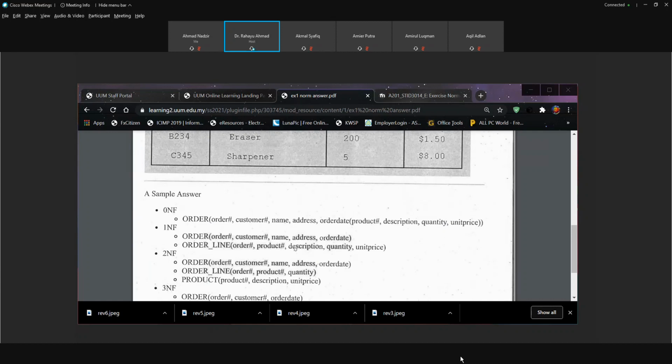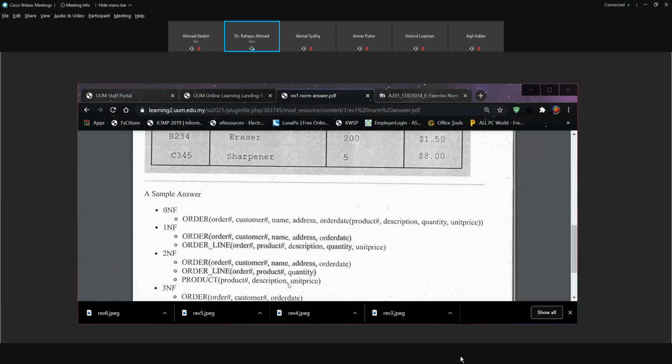So you know description ni kena bawa keluar in another table. Okay, the same thing with unit price. Unit price is always the same. You don't need to know the order number. You just have to know product number. So you know that description and unit price you kena bawa keluar. Okay, so this is the new table you get: product number, description, unit price.